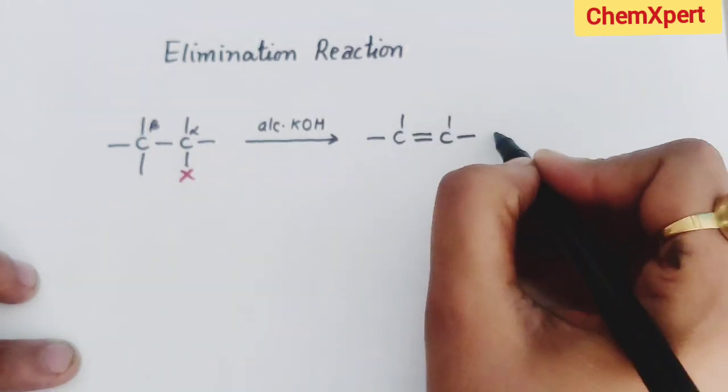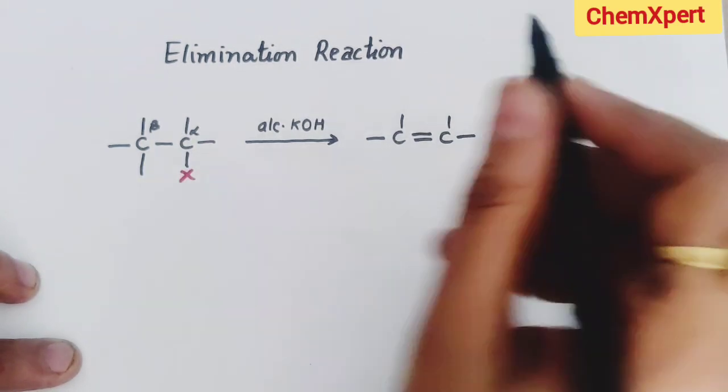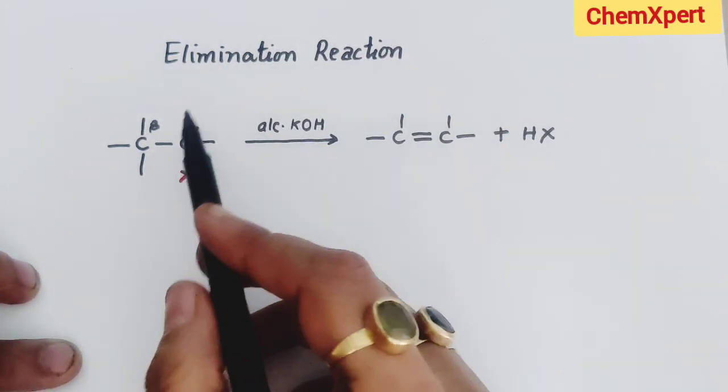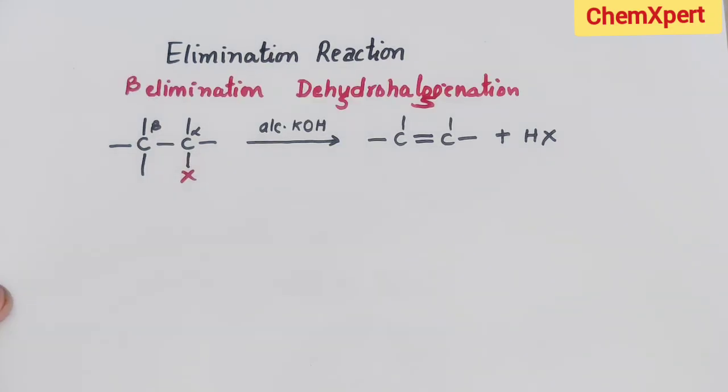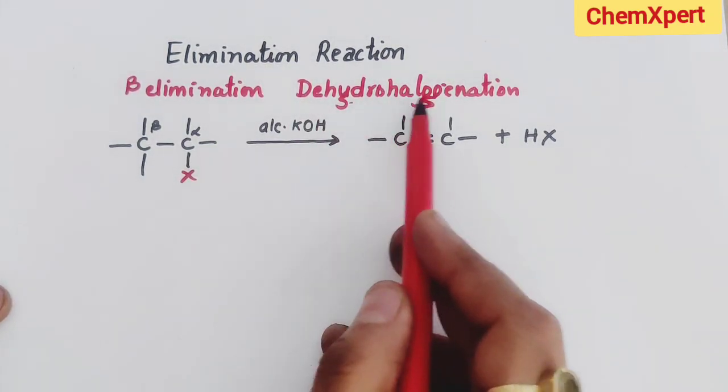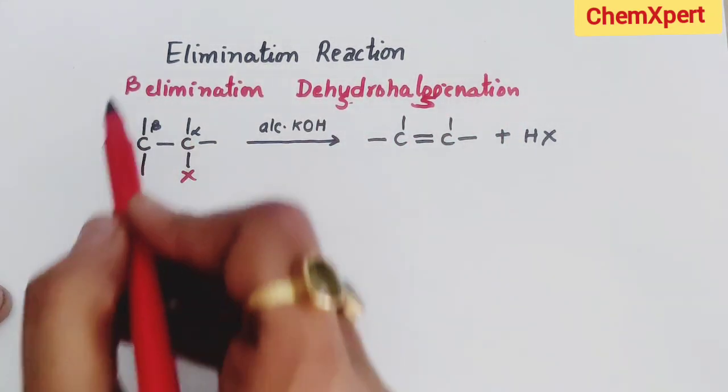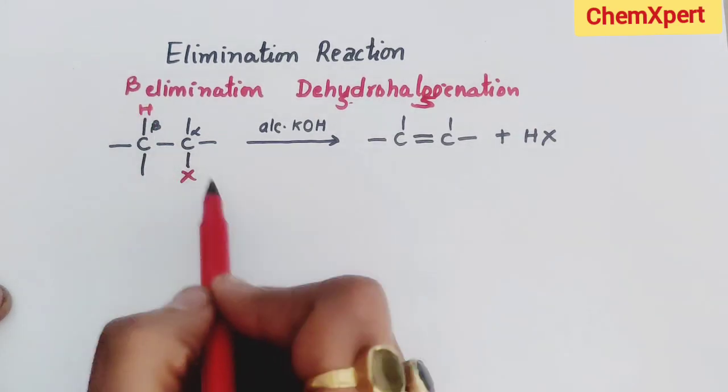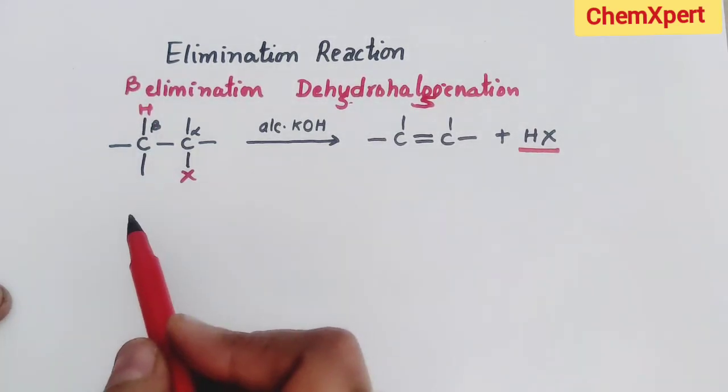So what do we mean by an elimination reaction, or beta elimination reaction? One more name for this reaction is dehydrohalogenation reaction, that is, hydrogen and halogen are removed, HX here, and an alkene is formed.